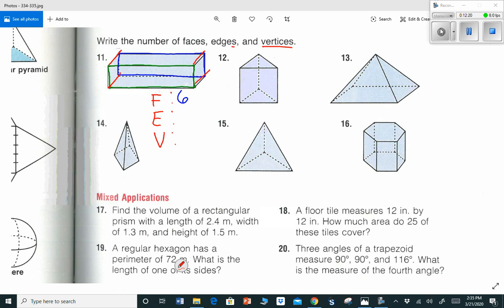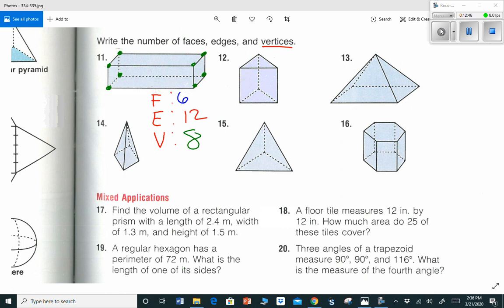So that gives us a total of 12 edges. Vertices are where 3 or more faces come together and they make those little sharp corners there. Okay, and there are 8 of those.